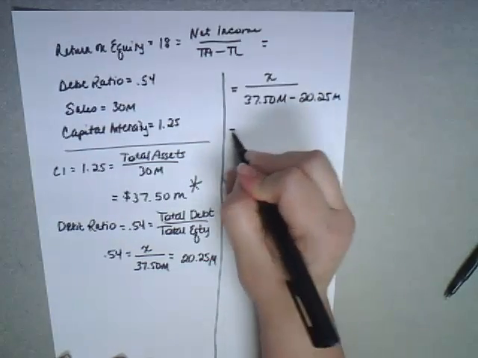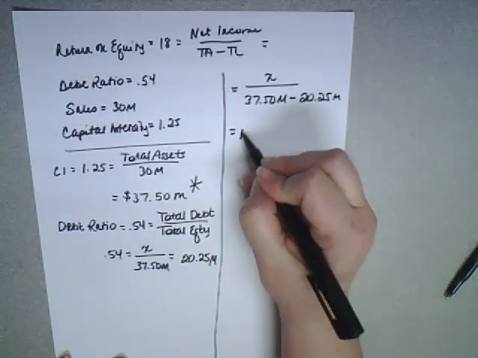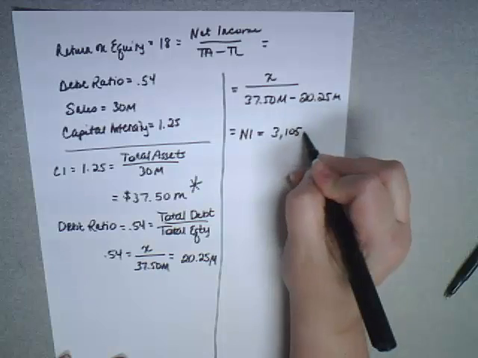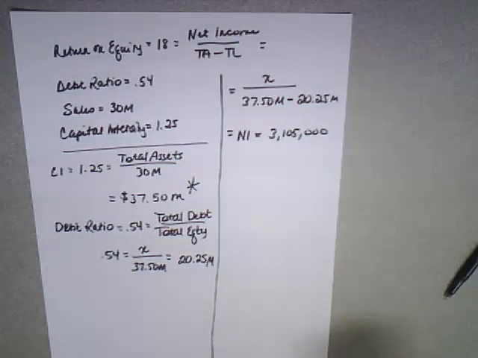And when we do this, we're going to end up with a net income that equals $3,105,000. And again, you would not have covered question 9 or question 10 unless you were taking intermediate accounting, and that may or may not be part of your academic program.